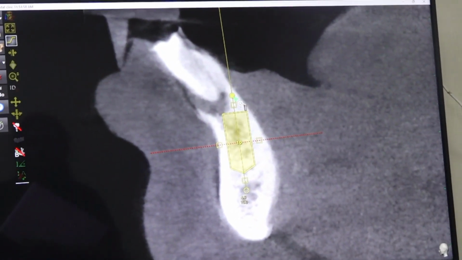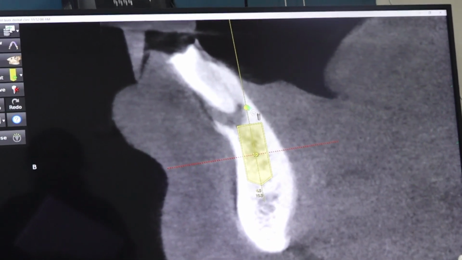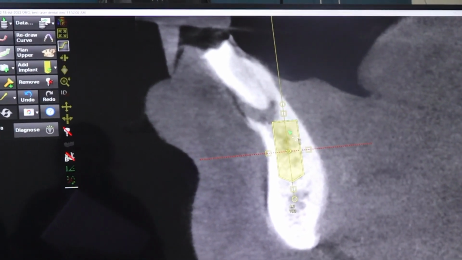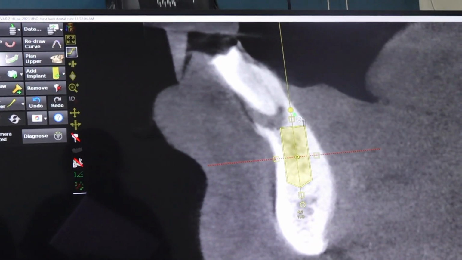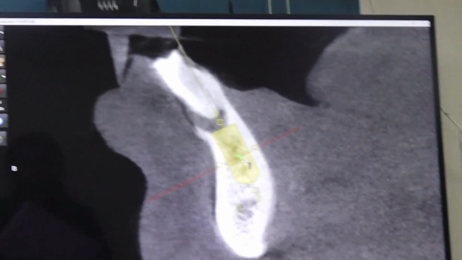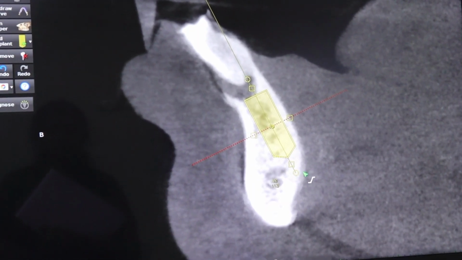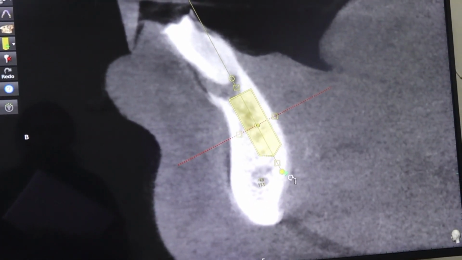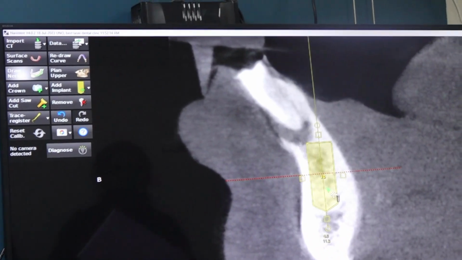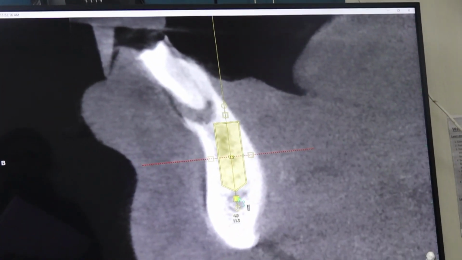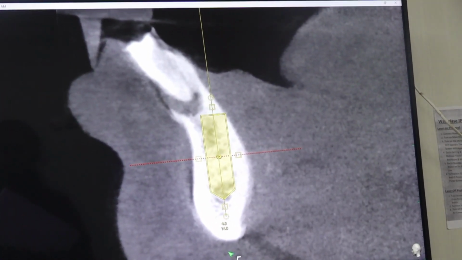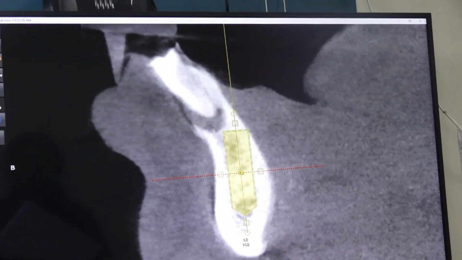So till here we will do apicoectomy. After that you can place the implant straight. There is no need to place the implant like this. If you place like this, you will perforate and come out. So better like this, and you can place up to 13 mm or 14 mm implant.